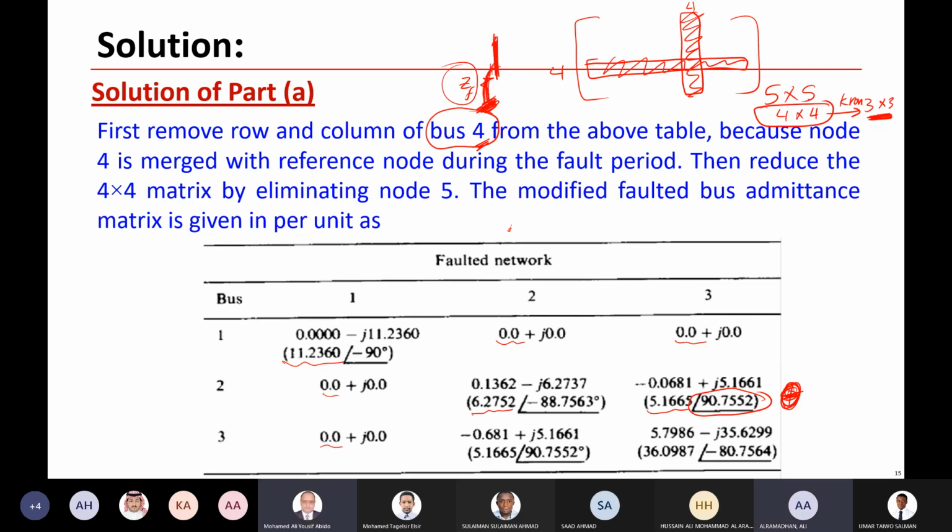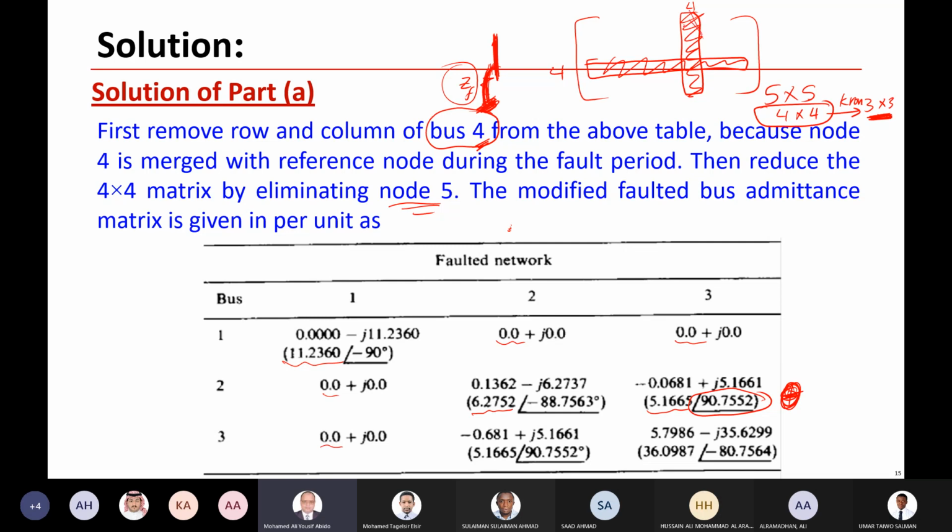And then we remove bus number 5. And then you remove only one bus by Kron reduction. Look, bus number 5 by Kron reduction. The fault here is a solid fault. This bus becomes the reference bus, the same as a reference.